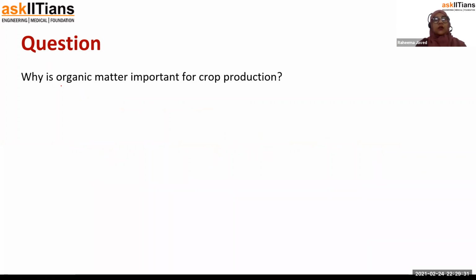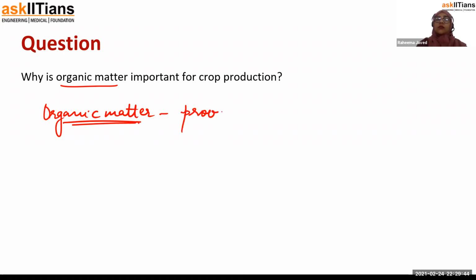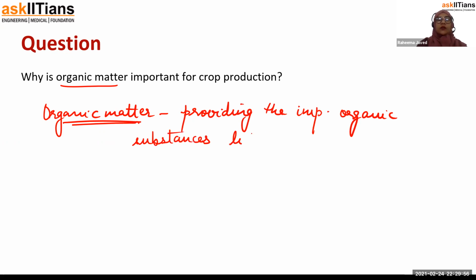Next question is, why is organic matter important for crop production? So when we talk about organic matter, it is providing the important organic substances to the crops.